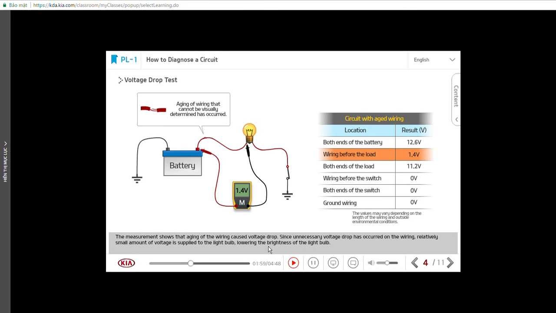The measurement shows that aging of the wiring caused the voltage drop. Since unnecessary voltage drop has occurred on the wiring, a relatively small amount of voltage is supplied to the light bulb, lowering the brightness of the light bulb.